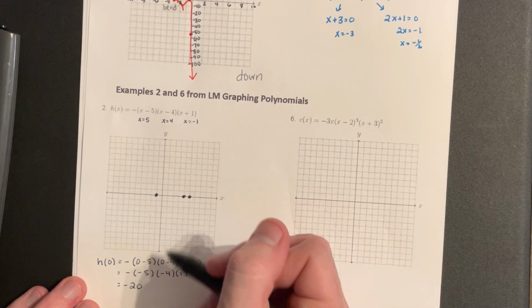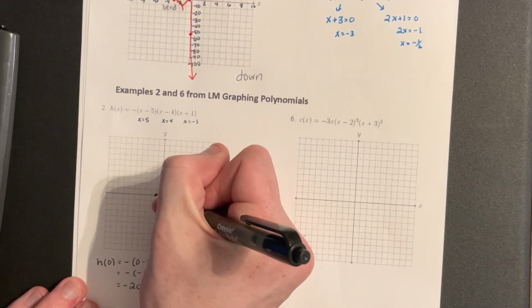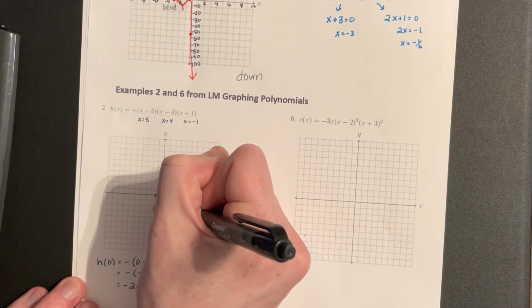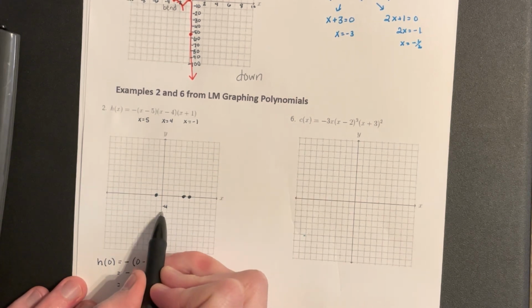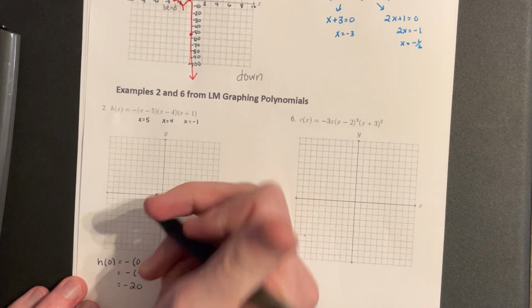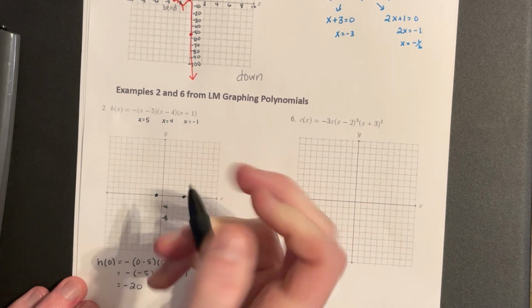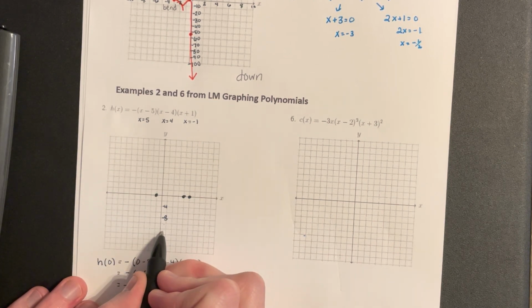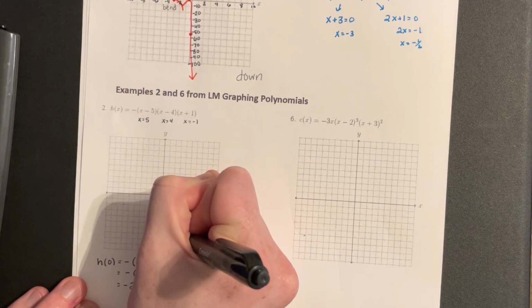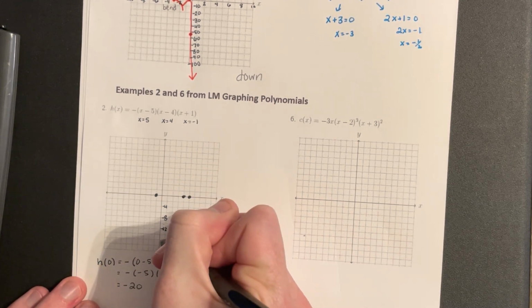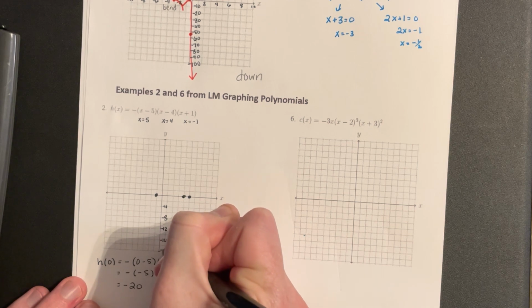I'm going to need a scale again. So maybe we just count by 2s. So that would be a -4. So notice I skipped this time. So that first one's -2, -4, -6, -8, -10, -12, -14, -16, and -20.